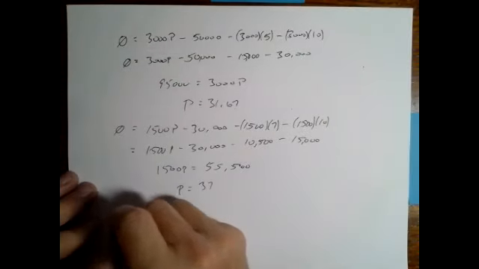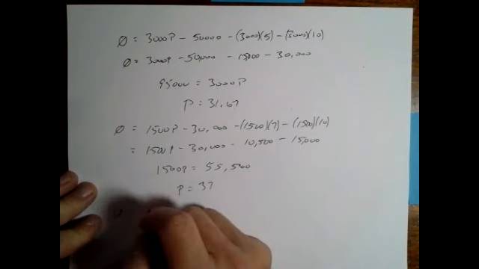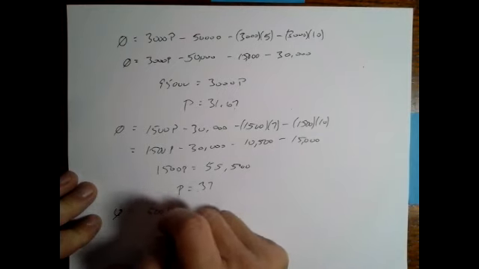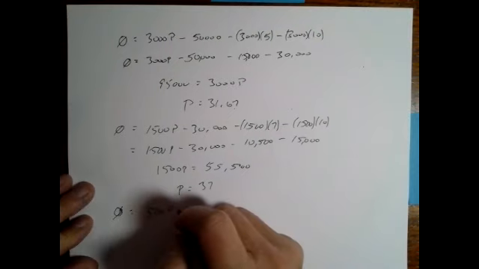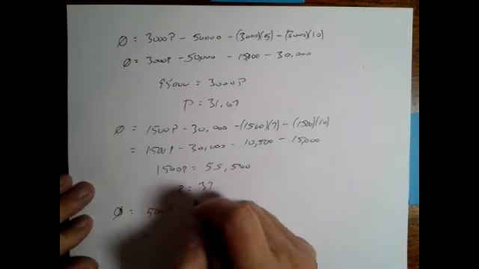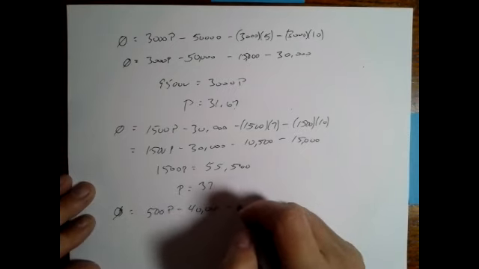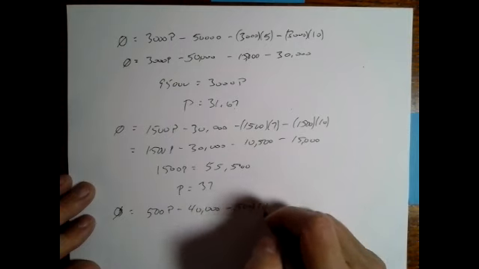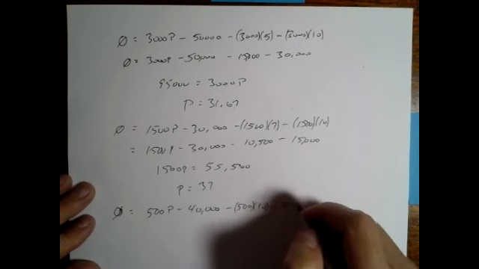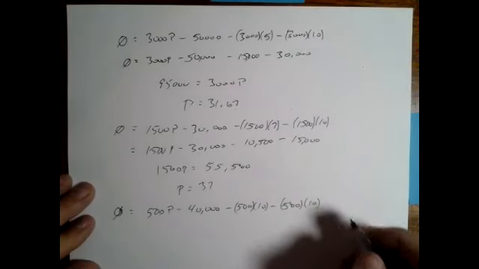And finally, for therapy, we assume we have 500 therapy visits times some unknown price. We're going to, again, set profit equal to 0. Minus the fixed costs, direct fixed is 40,000, minus the variable cost, 500 times 10, minus the overhead cost per visit, 500 times 10.